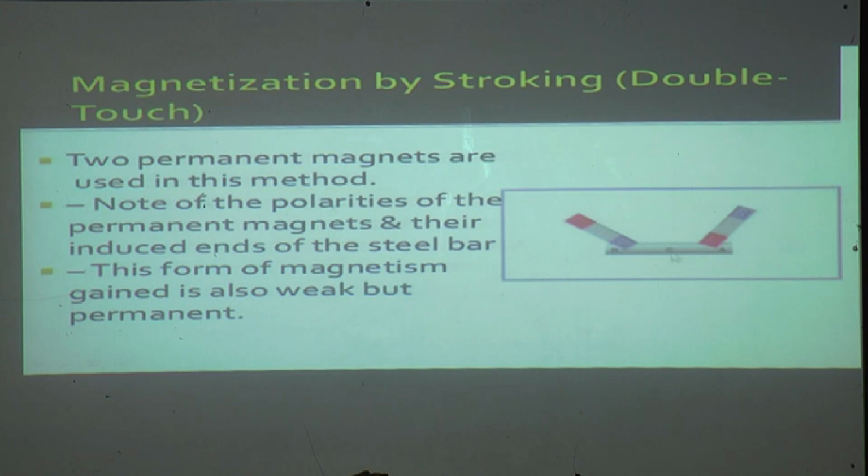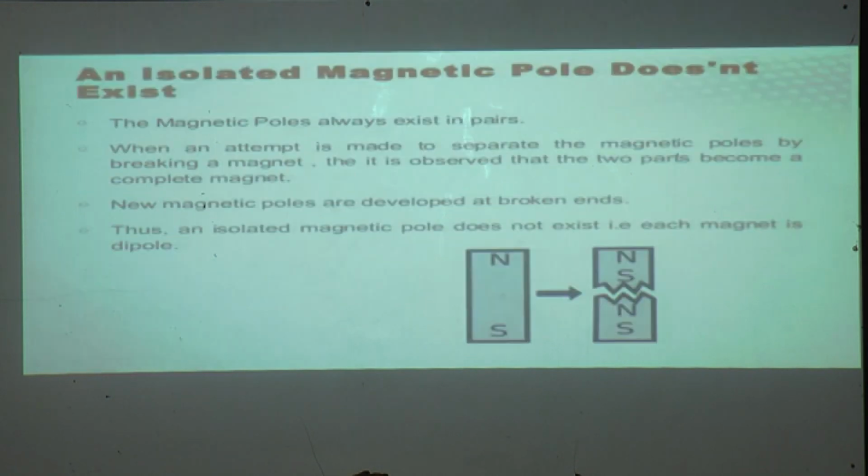Here you can see the steel bar, and we are using two permanent magnets to stroke it. That is why it is called double touch stroking magnetization. By this we can convert a steel bar into a magnet.